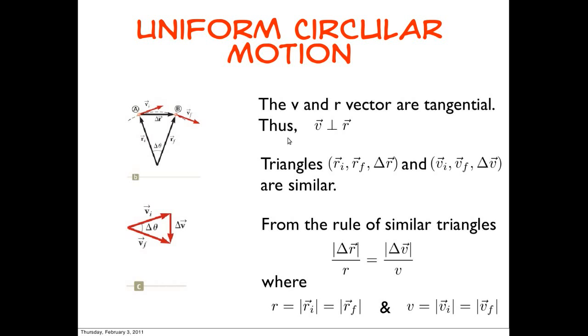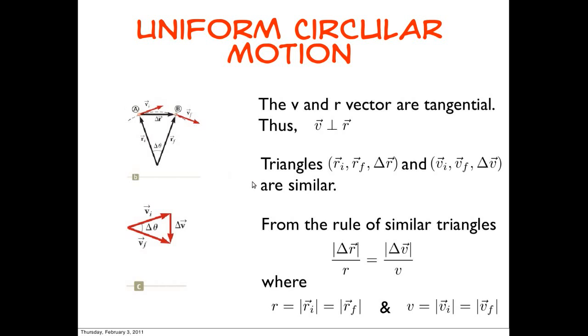The velocity vector is tangent to the position vector. Here we have ri, vi, these are tangent. The velocity vector is tangential to the position vector. Thus, the vector v and the vector r are perpendicular, and this is true at any point around the circle.